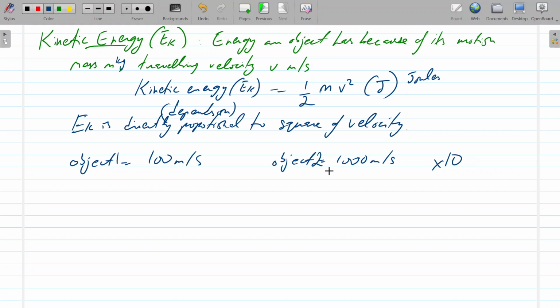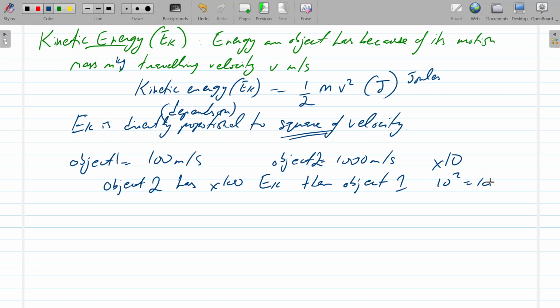Because 1000 is 100 times 10, so object 2 is 10 times faster than object 1. But because we're talking about v squared, object 2 has 100 times more kinetic energy than object 1. Because 10 squared equals 100. It's not just 100 meters per second more.